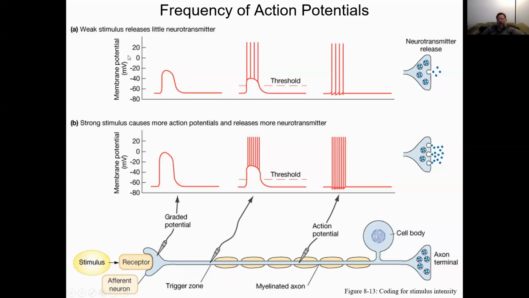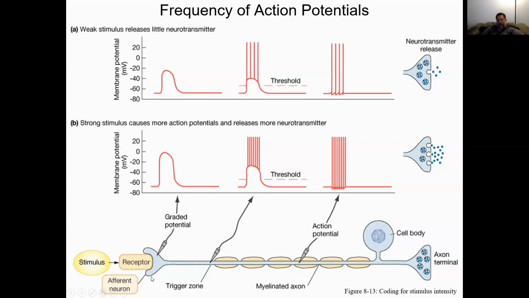At the top picture, we see a weak stimulus. That weak stimulus brought in sodium that made the dendrites or the cell body, depending on the type of neuron, go up in millivolts, reaching around negative 20 millivolts.